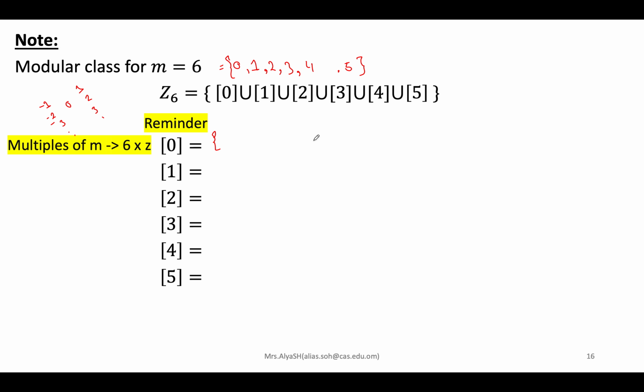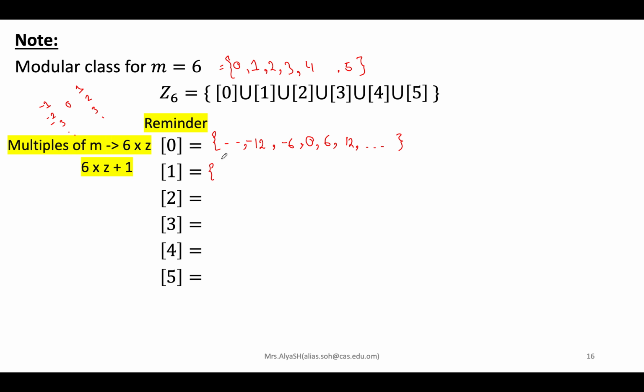Starting from 0, then 1 times 6 is 6, 2 times 6 is 12, and so on. And here we have -1 times 6 is -6, and -2 times 6 is -12, and so on. So here we have all the numbers that, when divided by 6, give a 0 remainder.